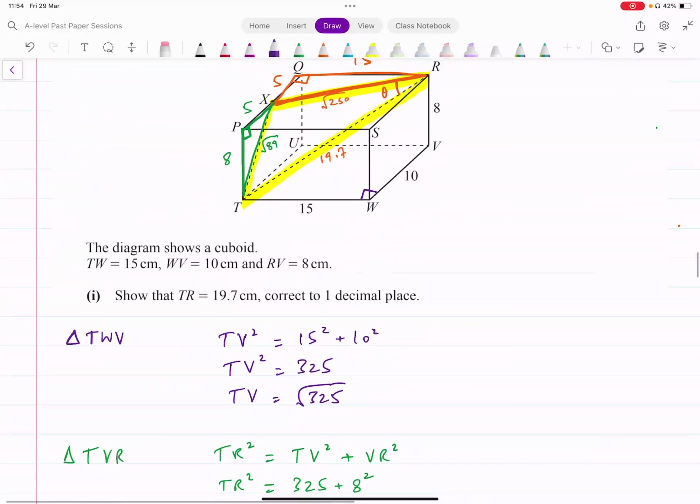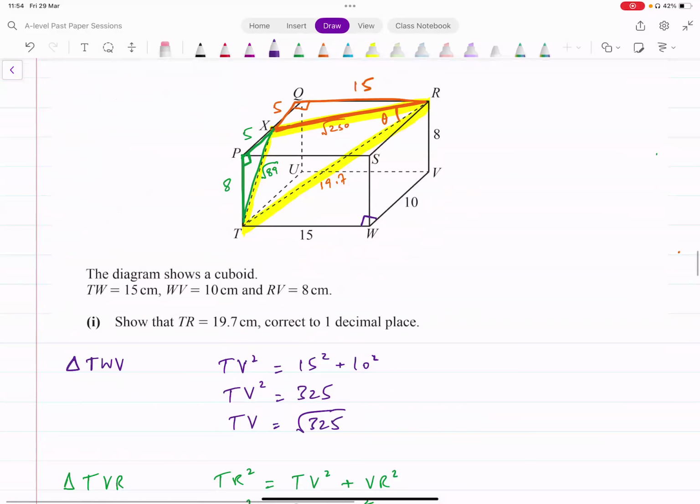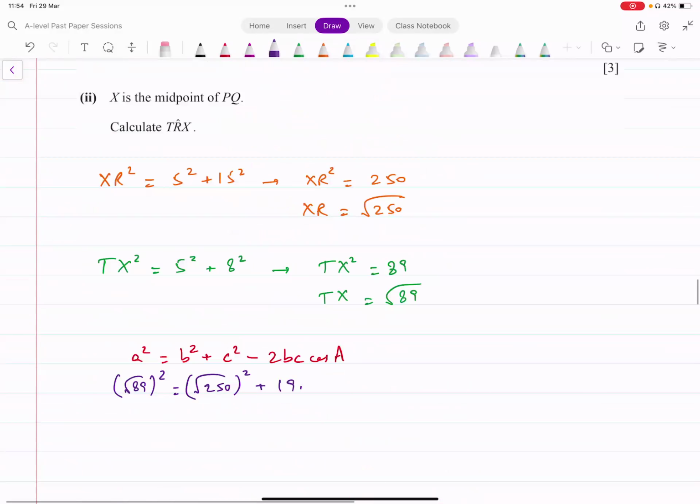The other 2 sides now, one is square root of 250, square root of 250 whole squared, plus 19.7, this one, 19.7 squared minus 2 into square root of 250 into 19.7 into cos of A.